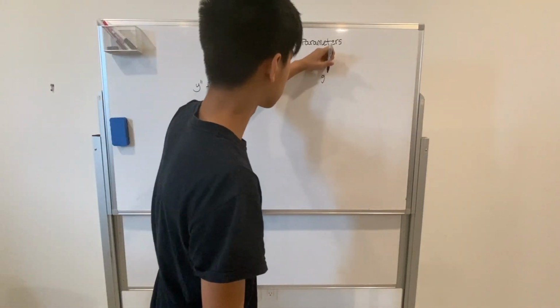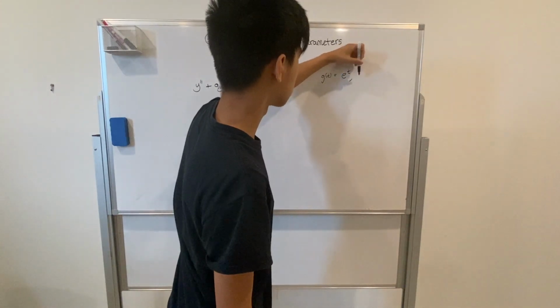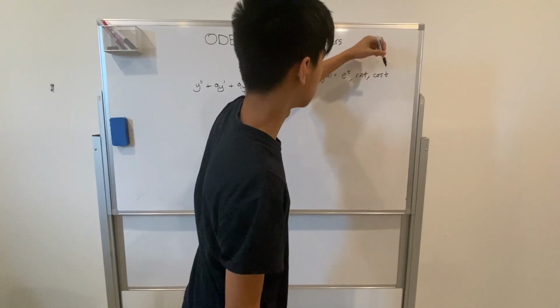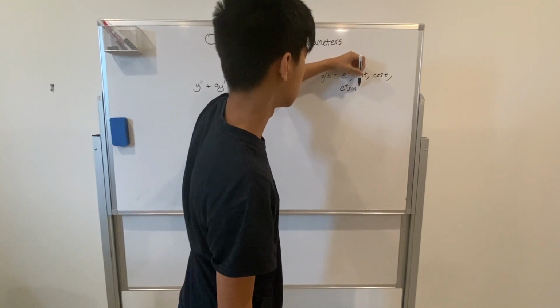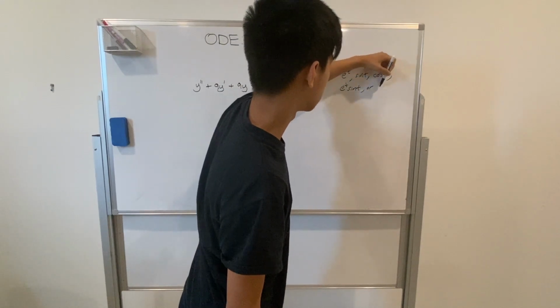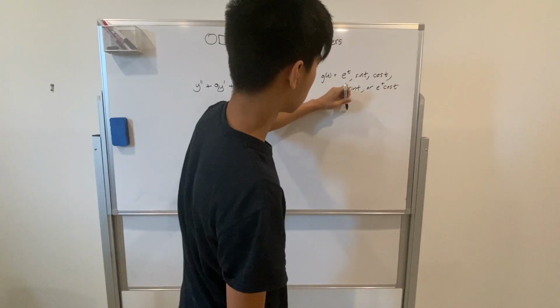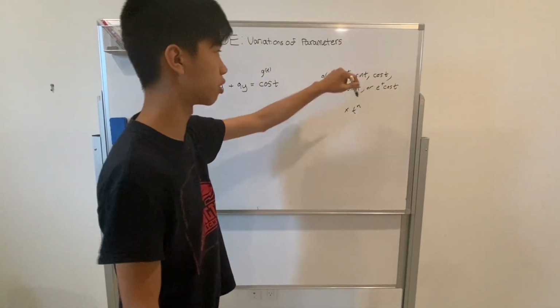But for the method of undetermined coefficients, g of t must come in the form of e to the t, sine of t, cosine of t, e to the t sine of t, or e to the t cosine of t. And then you can multiply by t to the n power, but it must come in this form.